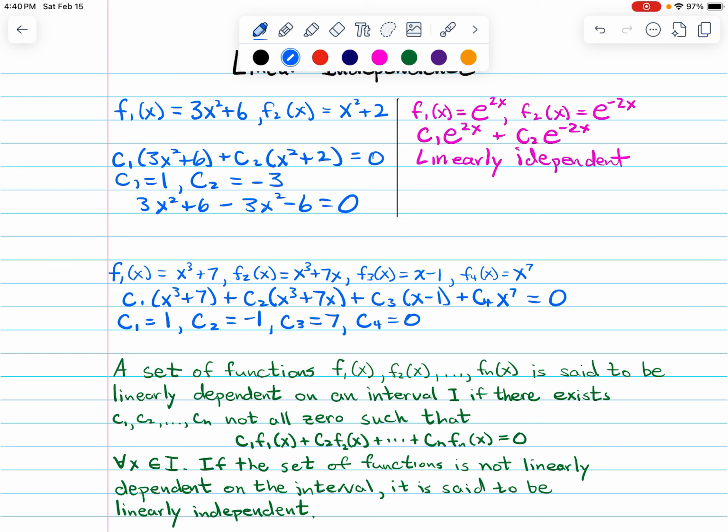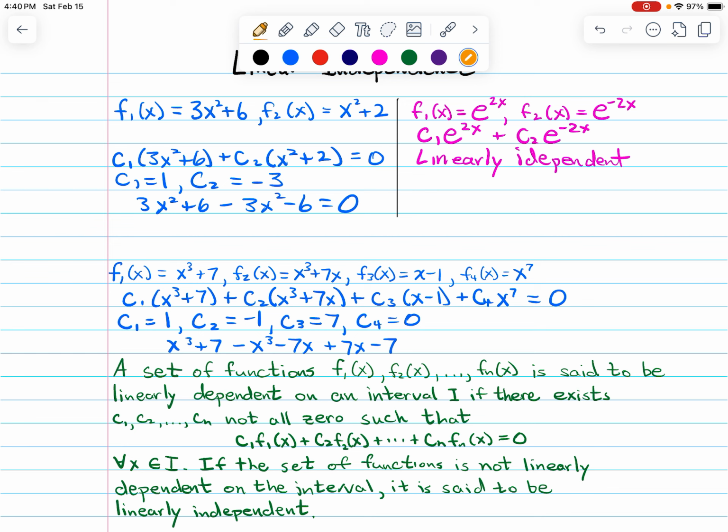So let's see if this works out. If I put in a 1 for C1, I get x cubed plus 7. A negative 1 for C2, I get negative x cubed minus 7x. And then if I put in a 7 for C3, I get 7x minus 7. And then of course 0 for C4.